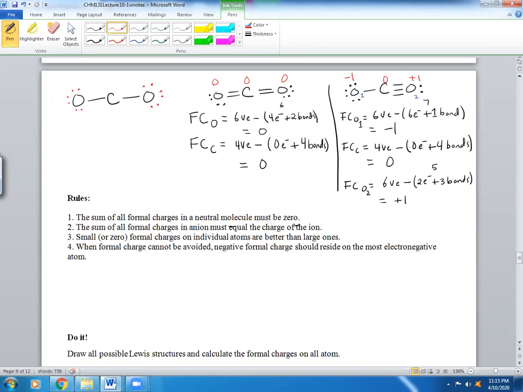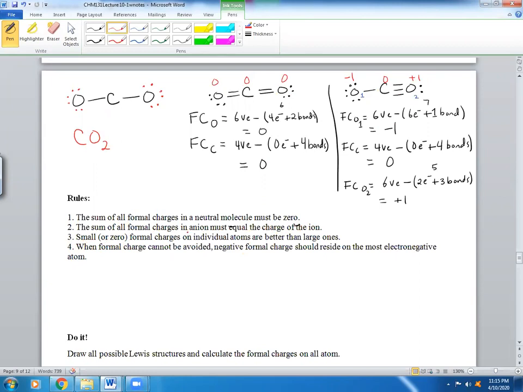And they do. 0 plus 0 plus 0 gives you 0, because remember, the charge of a neutral molecule is 0. Same thing here. -1 plus 0 plus 1 is 0. Correct. The sum of the charges in an anion must equal the charge of the ion. Not relevant here.